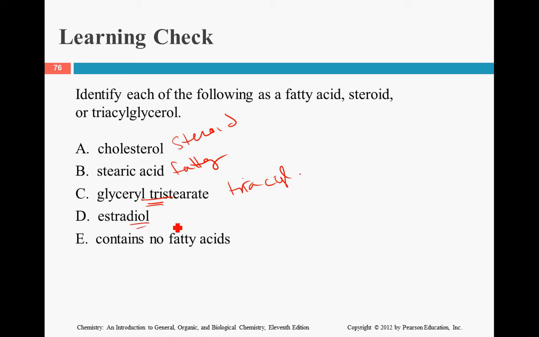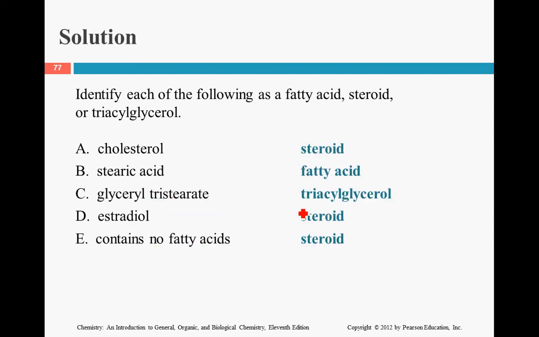Estradiol, that's one we just got done talking about, that's a steroid, and contains no fatty acids. The only lipid that doesn't contain a fatty acid is the steroid. And that is the end of the steroid section.